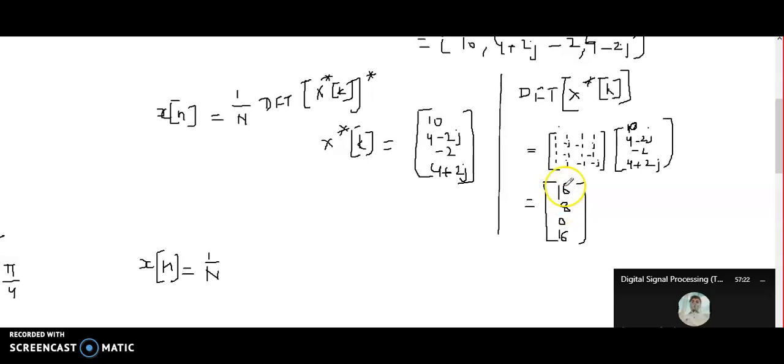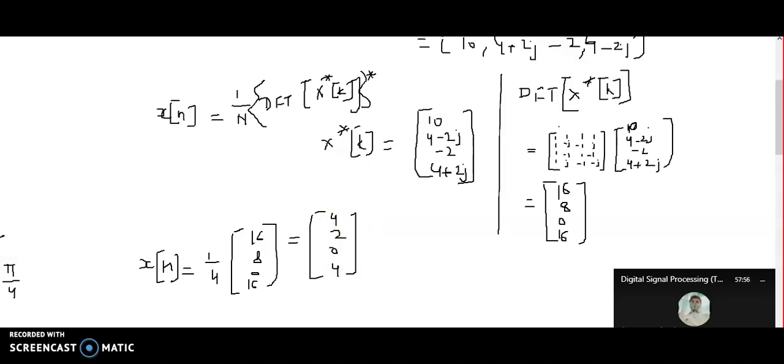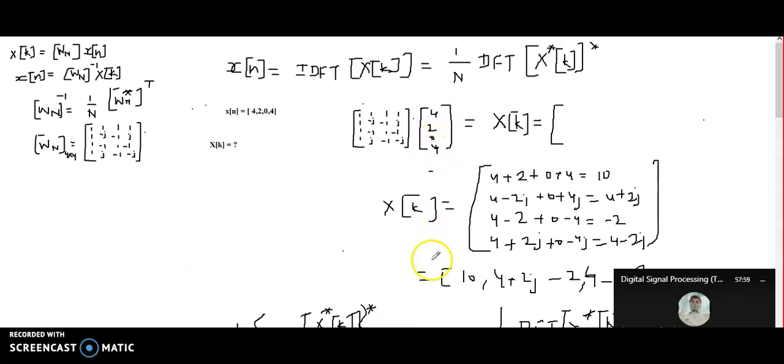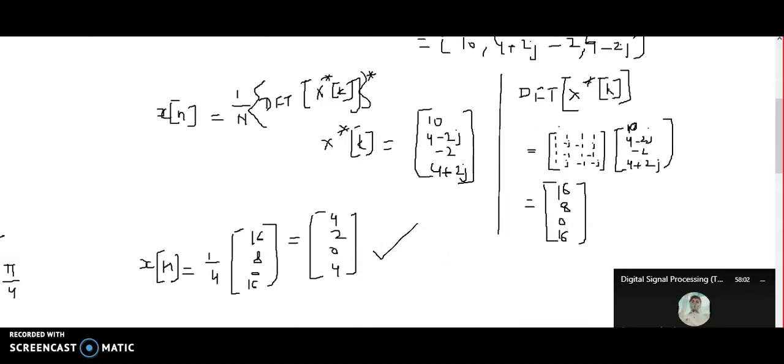Now we can write 1 by 4 and the complex conjugate of this. This is the DFT and then the conjugate of the DFT. First we took the conjugate, then found the DFT, then took its conjugate. When we take the conjugate, the same result comes because it is a real matrix. So it will be 16 8 0 16, and when we divide it by 4 we get 4 2 0 and 4. Okay, this is what we started with, xn. So this is right.